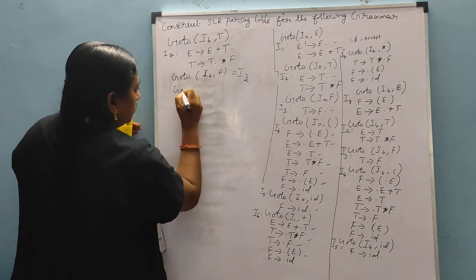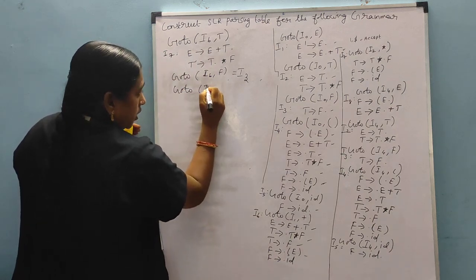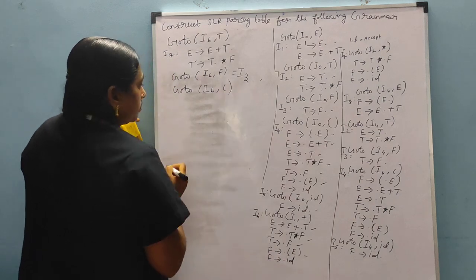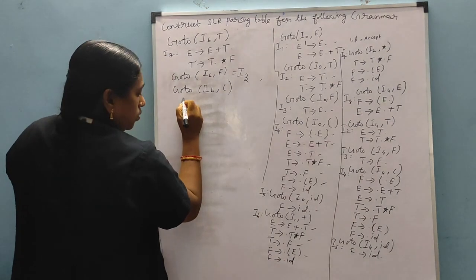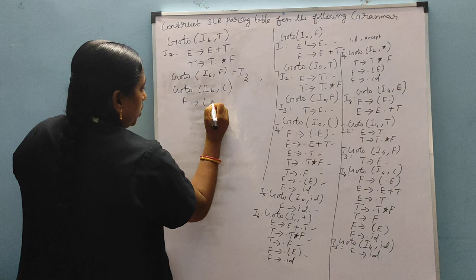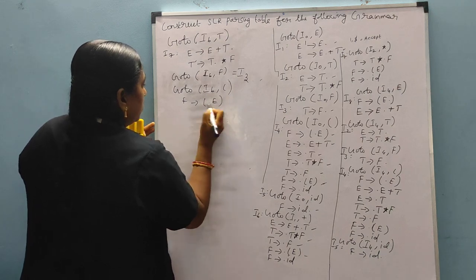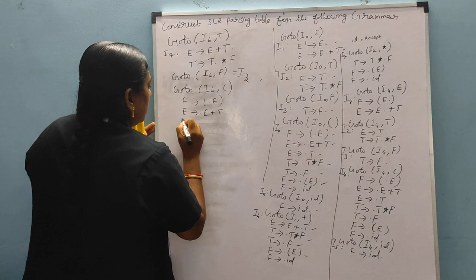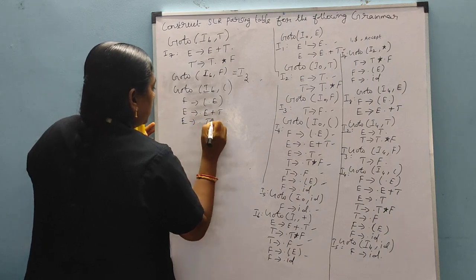So go to I6 comma open bracket. So now F tends to dot E close bracket, then add the E production from the I0 state.